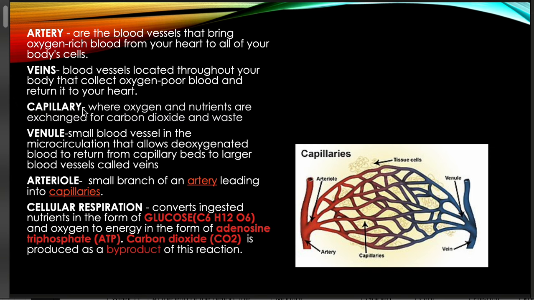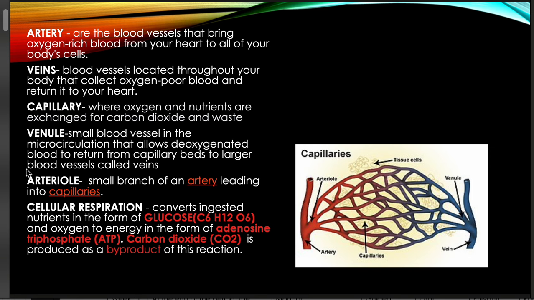Okay? Capillary is where oxygen and the nutrients are exchanged for carbon dioxide and waste. So the exchange happens in the capillaries. Your venules are small blood vessels in the microcirculation that allow the oxygenated blood to return from capillary beds to larger blood vessels called your veins.